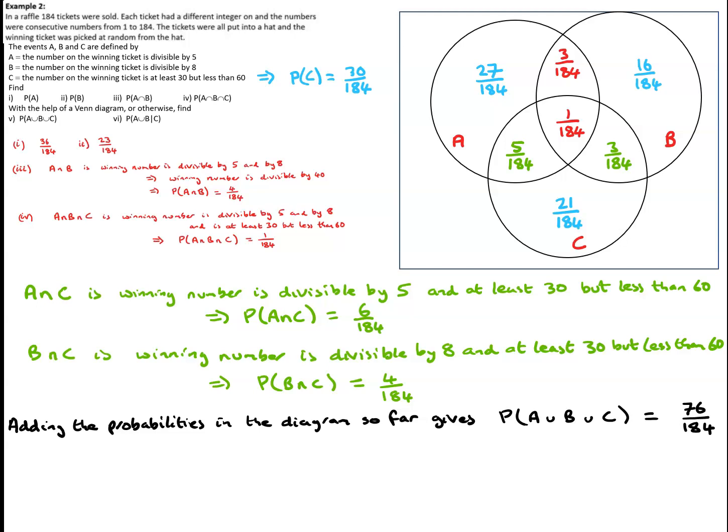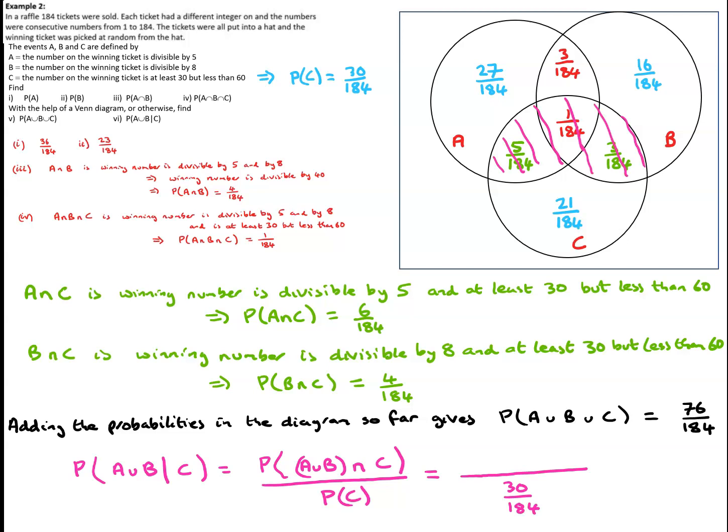For the final part, we need the probability of A or B given that C has occurred. So we've got a conditional probability to work out. Well, the probability of A or B given that C has occurred is the probability of A or B intersect C divided by the probability of C. A or B intersect C is the shaded area in the diagram.